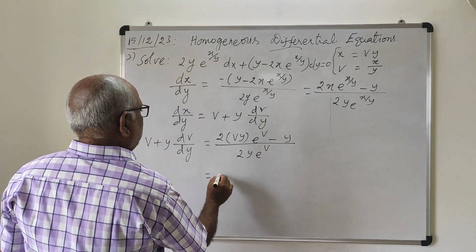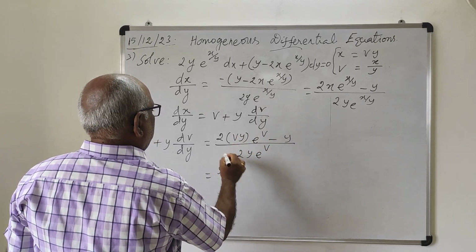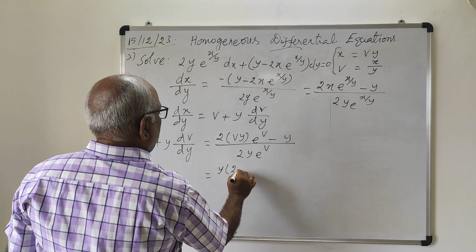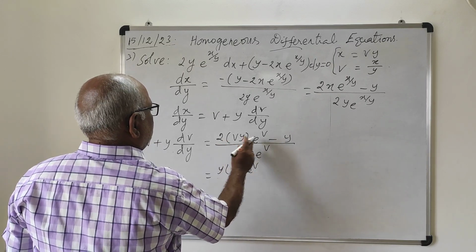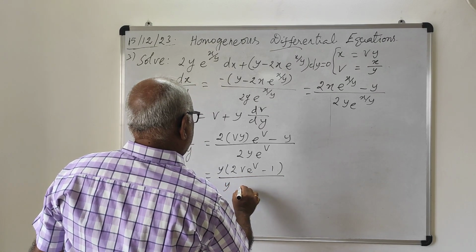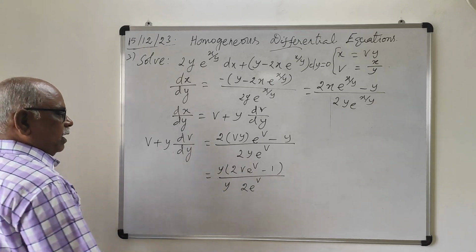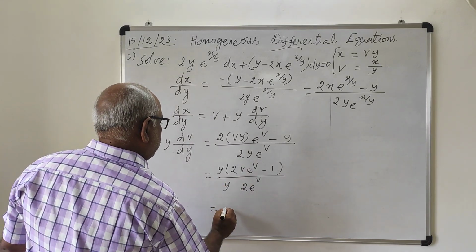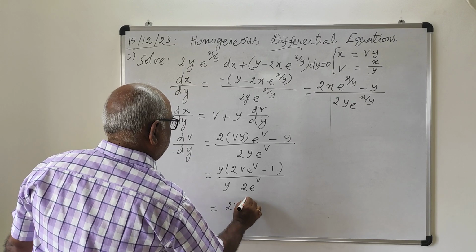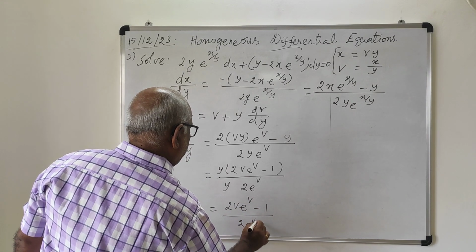You can take y common in the numerator, you will get 2 into v e power v minus 1, by y into 2 e power v. Both numerator and denominator y can be cancelled. I will get 2 into v e power v minus 1 by 2 e power v.